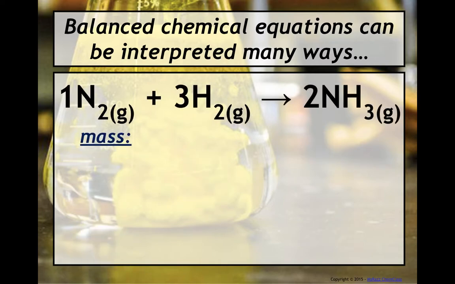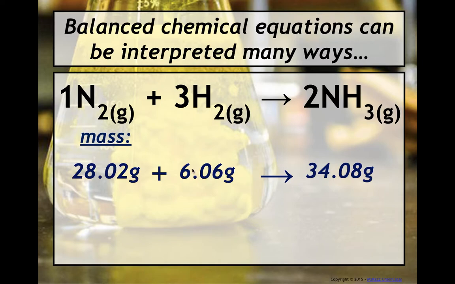We can look at this in terms of mass, pure mass. Okay? The mass of diatomic nitrogen, 1 mole of diatomic nitrogen, is 28.02 grams. Hydrogen, we have 6 of them, so 6.06 grams.